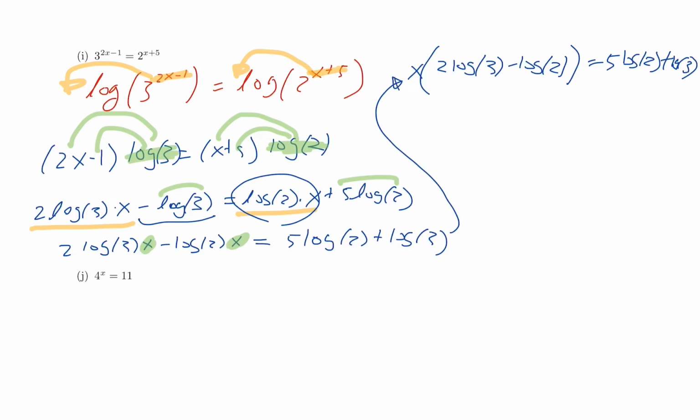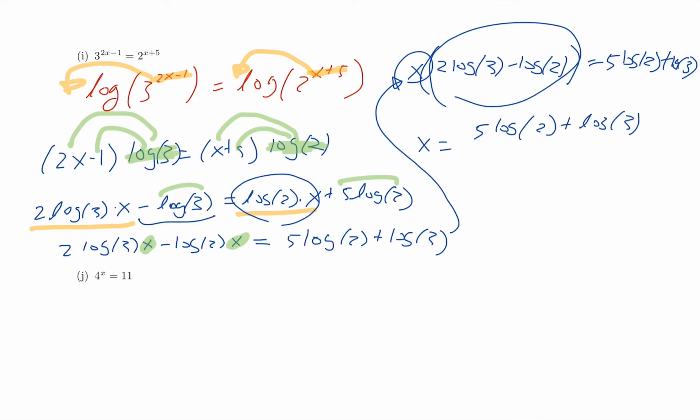I want to solve for x, so I need to divide both sides by this. So x just equals 5 log 2 plus log 3 over 2 log 3 minus log 2. So this is the final answer.